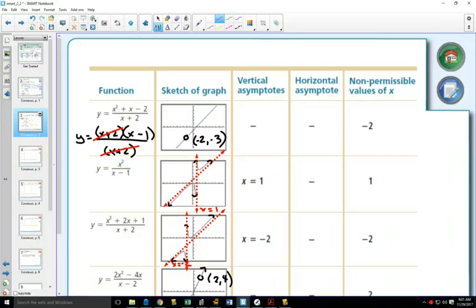Does that look like the equation of x minus 1 again? Yes. Our non-permissible value happens when x is -2. What would happen if you plugged -2 into y equals x minus 1? You would get -2, -3. And so that's the coordinates of your hole.